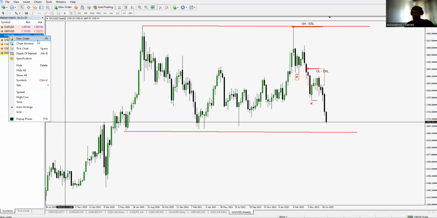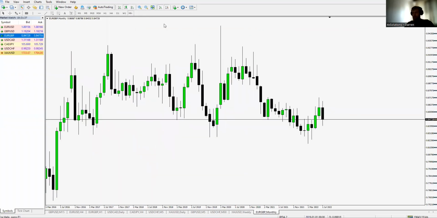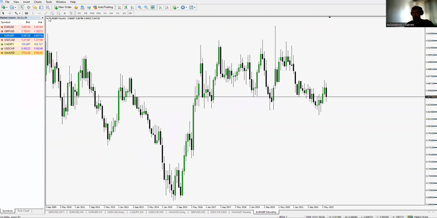I'll show you another example of this. Recently on Euro GBP, I marked this up a while back. If we look at what price had been doing, it's consolidating over here. Where is the highest high of this consolidation, and of this swing high, where's the swing low? Yeah, sure, there's a swing low all the way down here, but external structure is there because it's been maintaining this range over here.